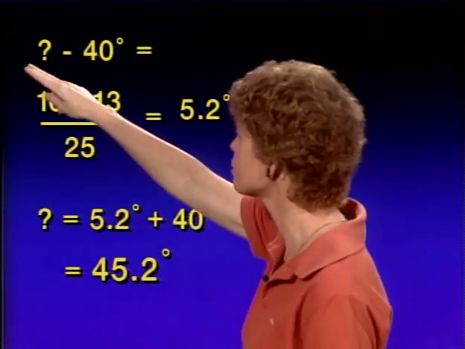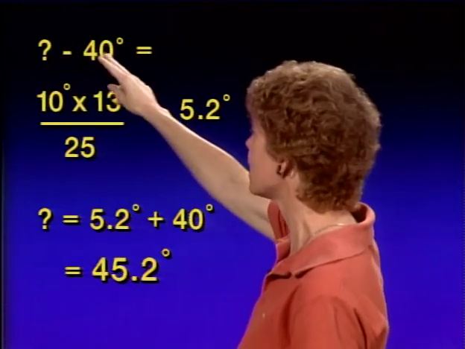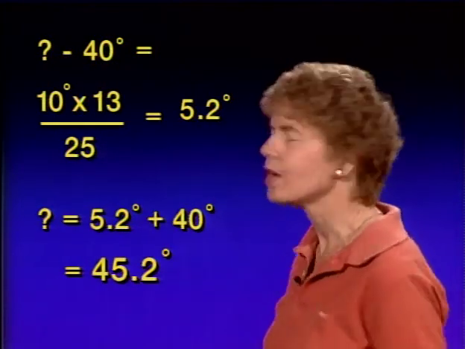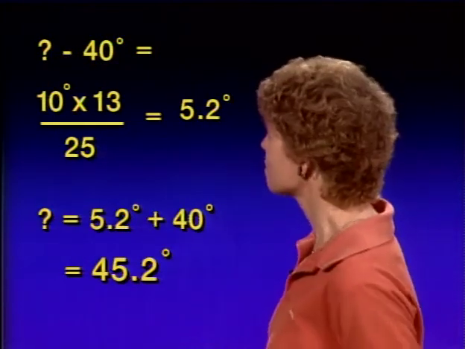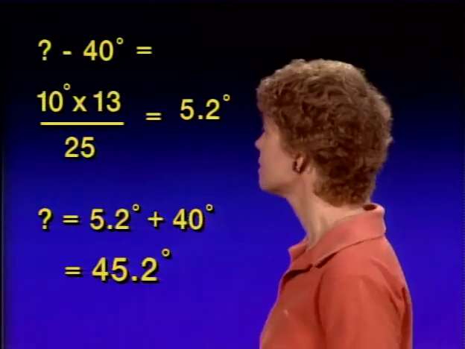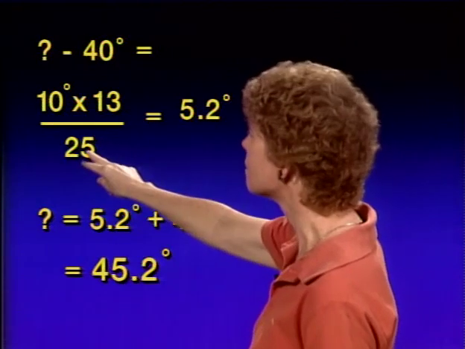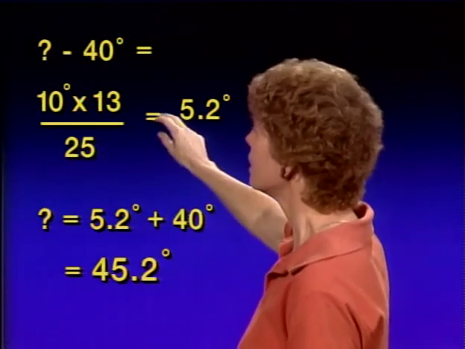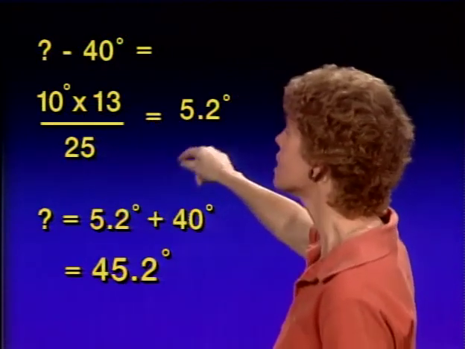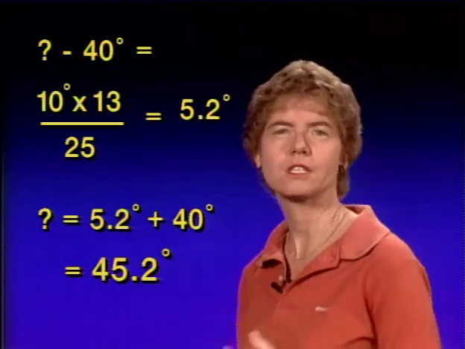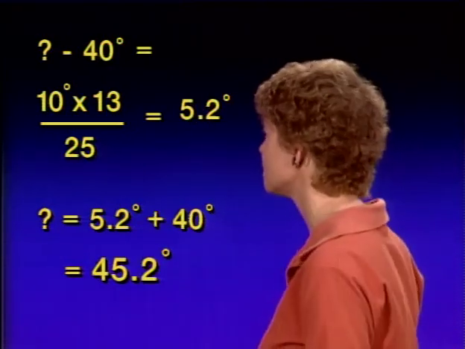We don't know for sure what our temperature is, less than 40 degrees, but we know that we had 10 degrees, the difference between 50 and 40 degrees. So 10 degrees times 13 divided by 25 gives us a temperature increment of 5.2 degrees. And we're working this all in degrees Fahrenheit.